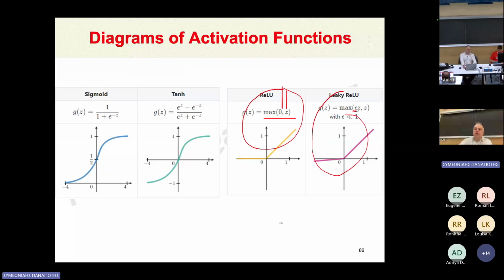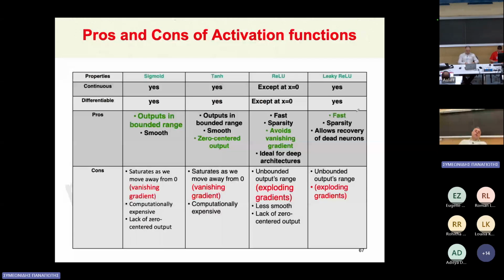And of course, these activation functions have some problems and some advantages. Here we can see some advantages of the sigmoid: the fact that it outputs in a bounded range.